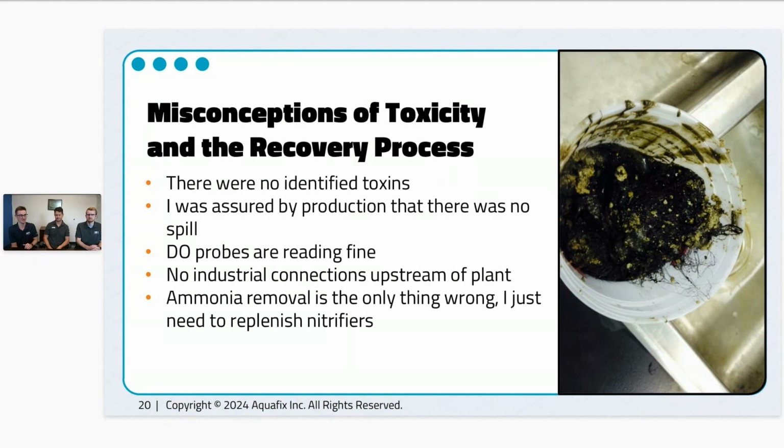Those are often really challenging because, number one, the bugs don't lie. We can always take a microscopy sample and, based on what filaments we see, identify some form of toxicity. So while someone may say they haven't spilled anything, there's a good chance they could have. Or if there are no identified toxins, there are other culprits for toxicity as well that we noted, where it could be mechanical, could be environmental.